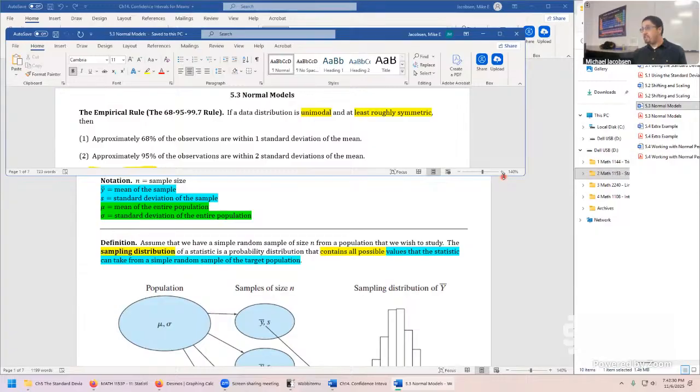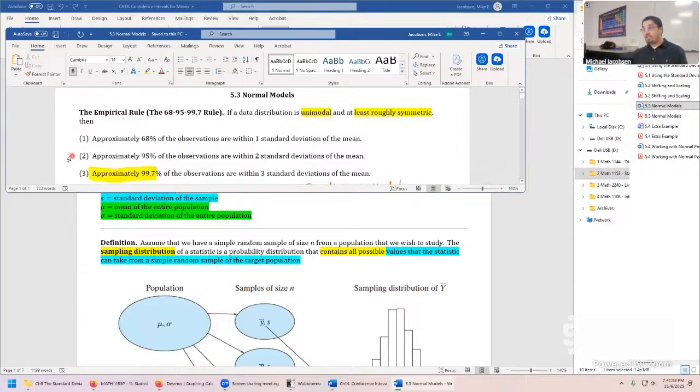But the standard deviation S obeys this rule. Approximately 95% of observations are within 2 standard deviations of the mean, whether that's the sample standard deviation or the population standard deviation. One standard deviation will contain roughly 68% of the sample's observations or the people in the population.